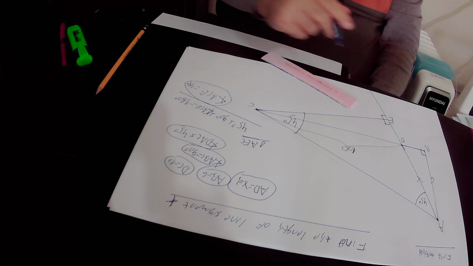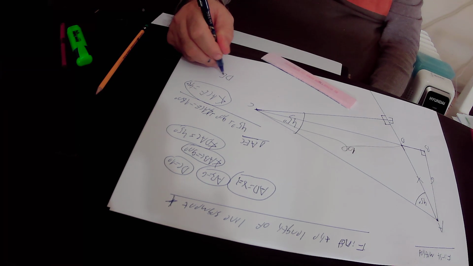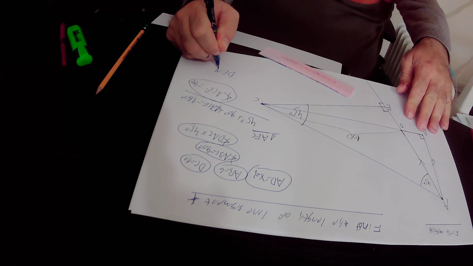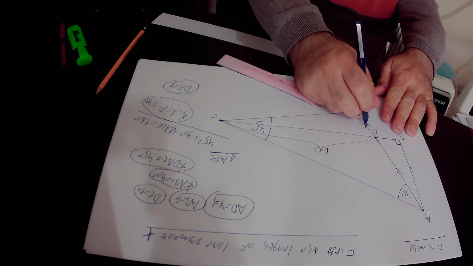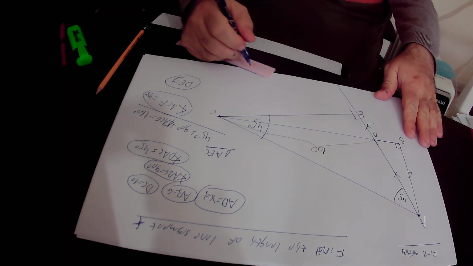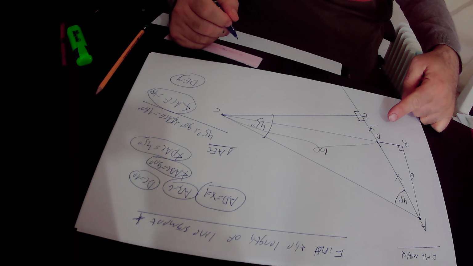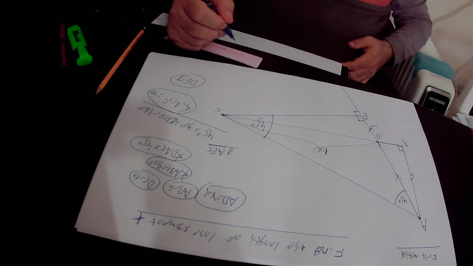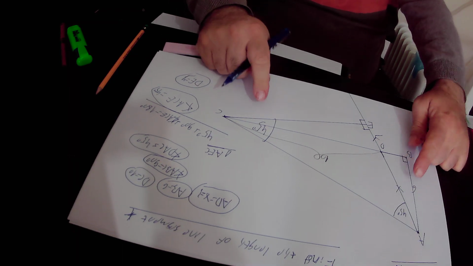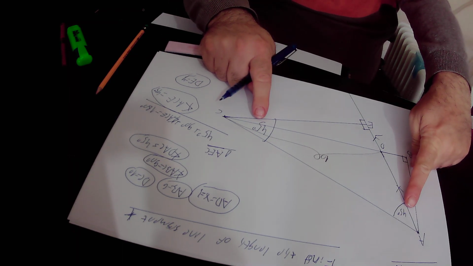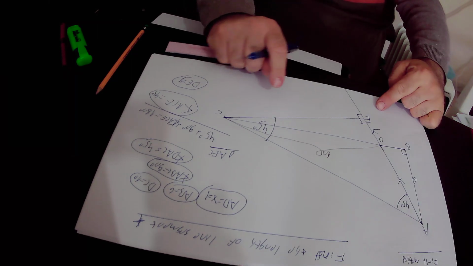We will define DE as Y. DE equals Y according to our definition. And therefore AE will be equal to X plus Y. And we know that in front of equal angles in a triangle, there are equal sides. Those two angles are equal to each other, therefore in front of those two equal angles, there must be equal sides. That is to say, AE must be equal to EC.